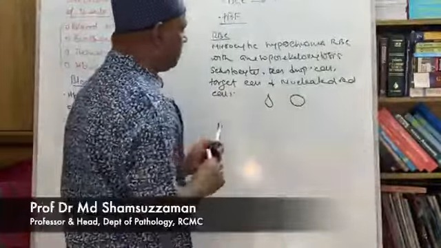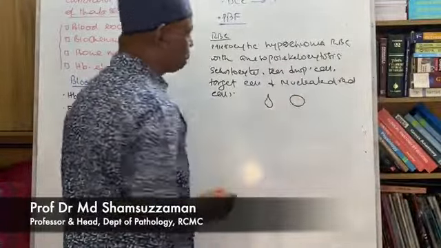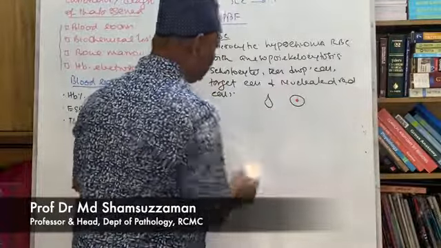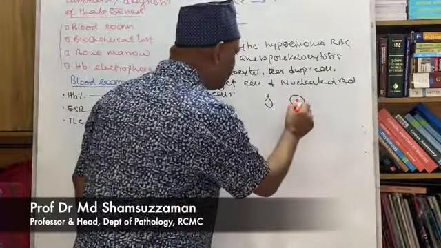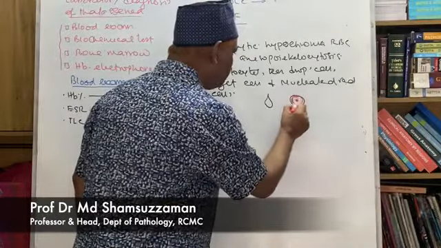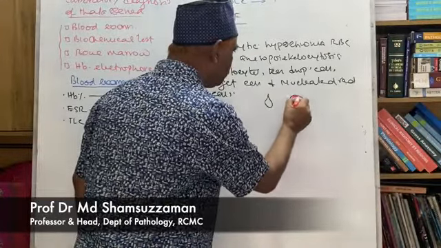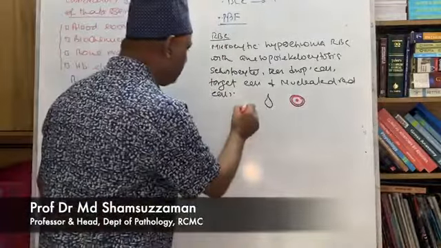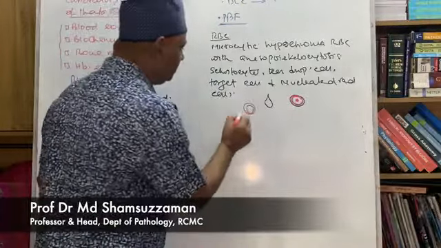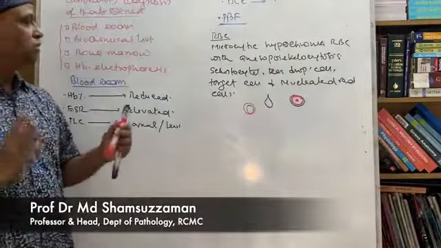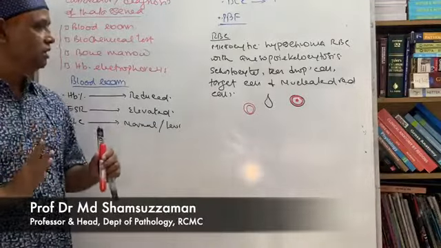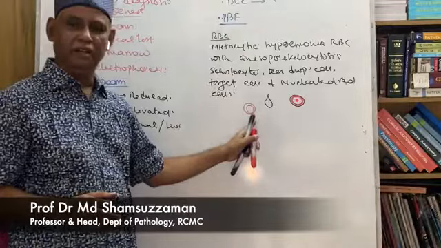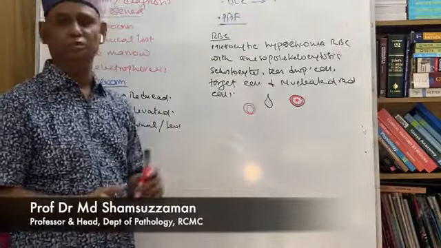In a normal RBC the central part is paler, but in the target cell the central part is not paler. There is hemoglobin, and around the central part there is again peripheral hemoglobin, and in between the two parts there is a less hemoglobin area. This is nothing but the target cell. And you will get RBC with a nucleus, called nucleated RBC. Normal mature RBC does not have a nucleus, but in thalassemia you will get nucleated red cells. Why are nucleated cells found in thalassemia?